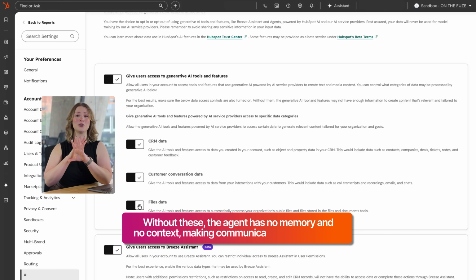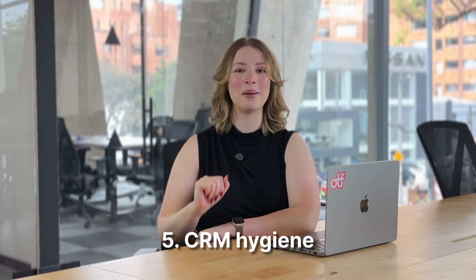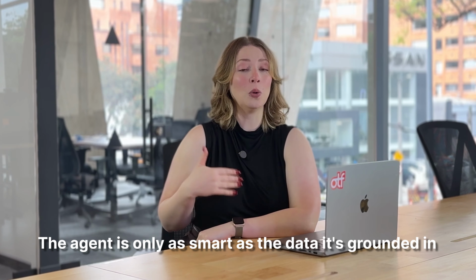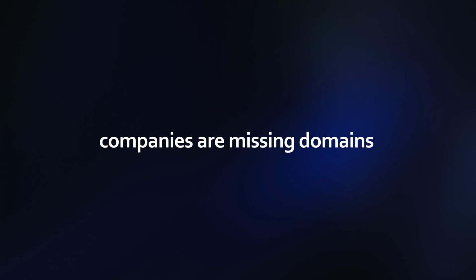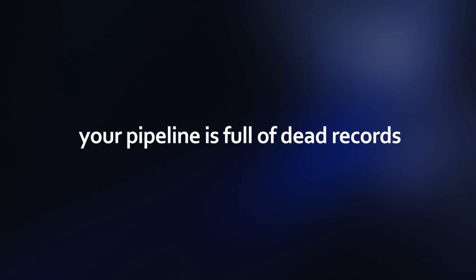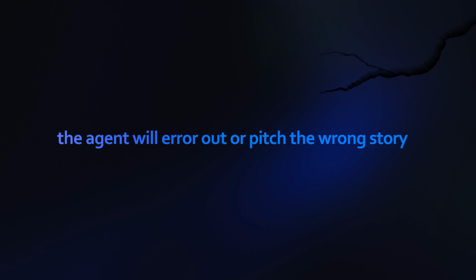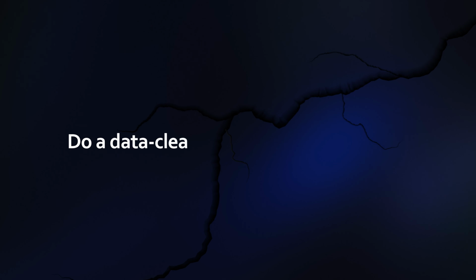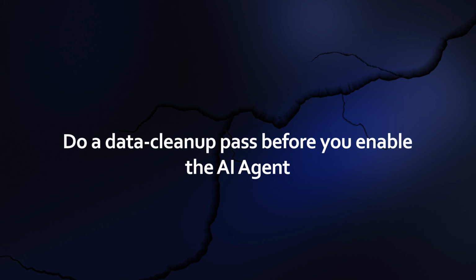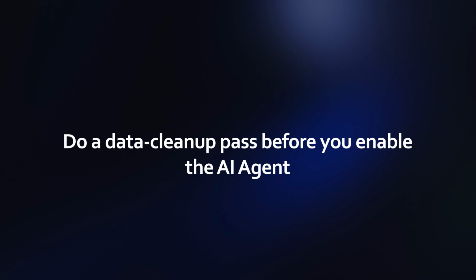Without these, the agent has no memory and no context, making your communications really generic. And 5 is CRM hygiene. The agent is only as smart as the data it's grounded in. So if your contacts are missing names, companies are missing domains, and your pipeline is full of dead records, the agent will error out or pitch the wrong story. So make sure you do a big cleanup before you enable any AI agent.